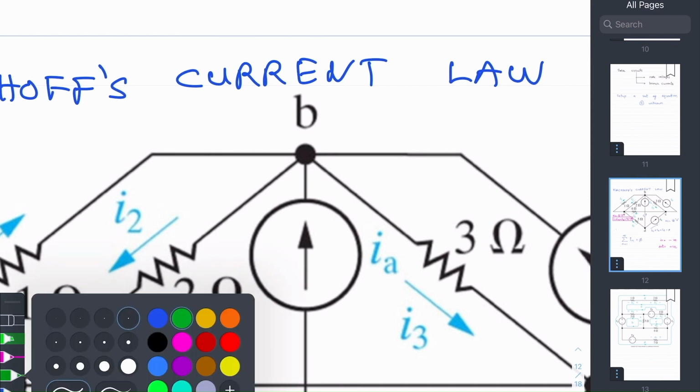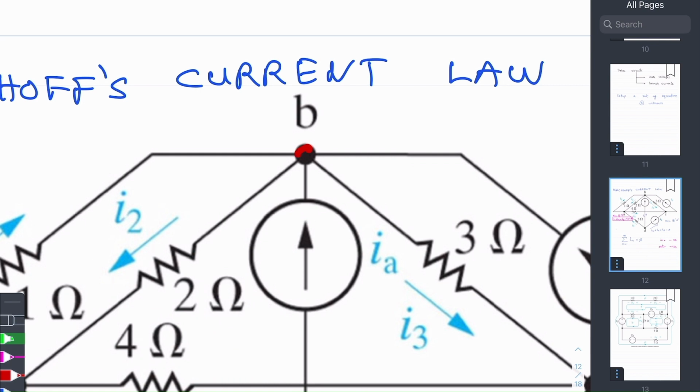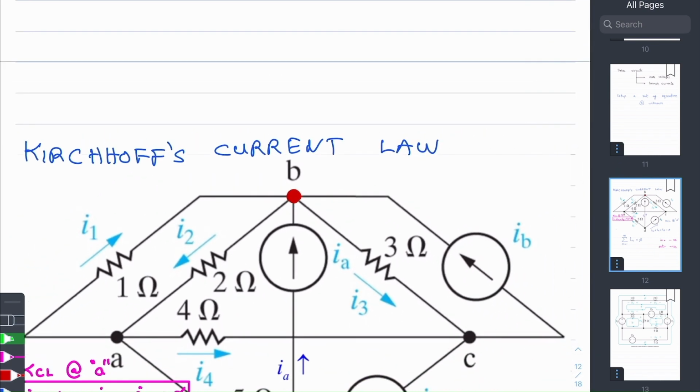The way I like to apply KCL, without having to worry about magnitude or sign, is by summing currents that are leaving on one side of an equation and currents that are entering on the other side, and equating them. Let me show you what I mean.